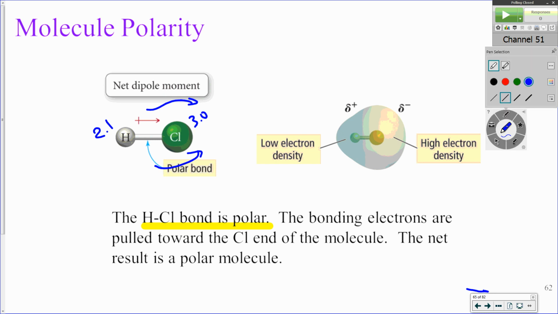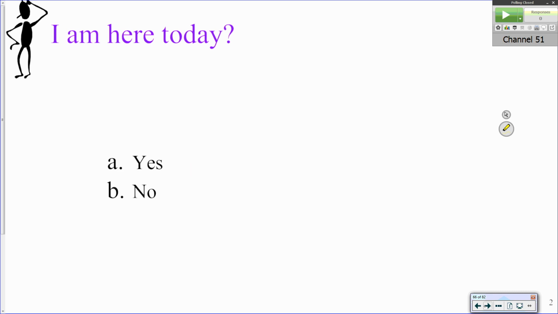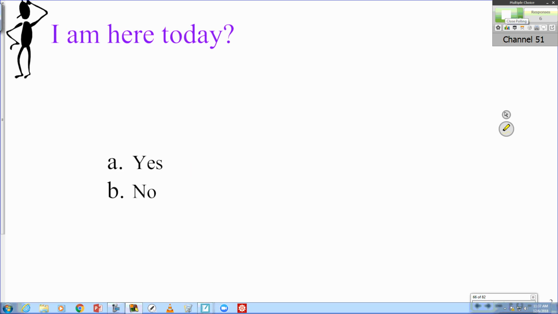The way that we represent that in a hot-cold map is with these partial negative and partial positive charges, representing the partial negative as a place where there's going to be high electron density around one particular nucleus.